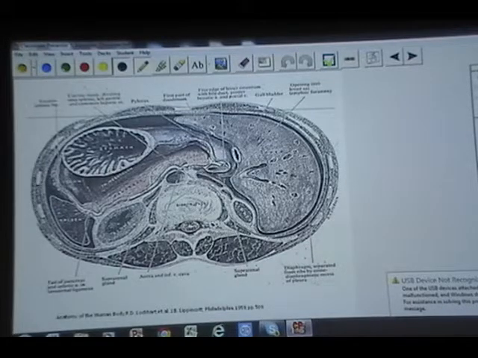What's the position of the kidney on the left versus the right? The liver pushes the right kidney further caudally, towards inferiorly. But there's nothing that does that on the left side. The stomach isn't a dense enough organ to do that. So the kidney's a little bit higher on the left side than over here on the right side.